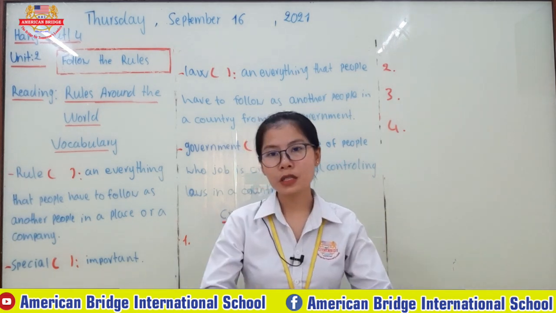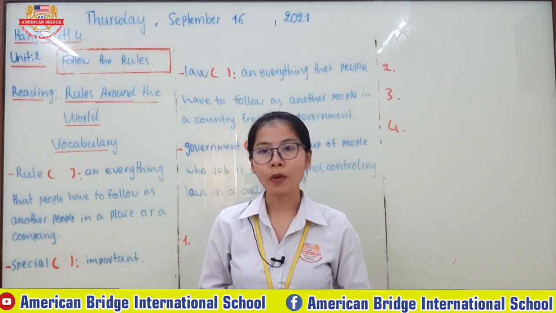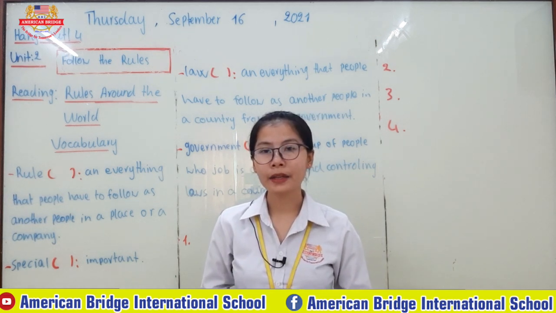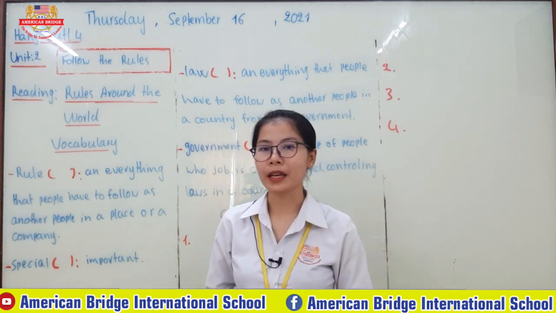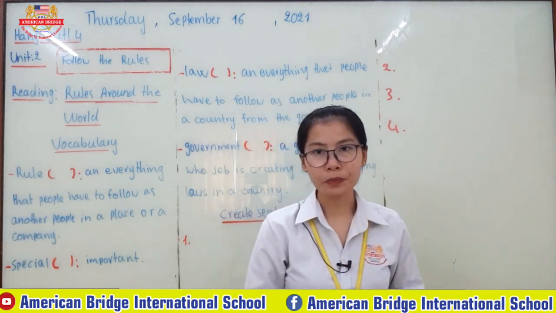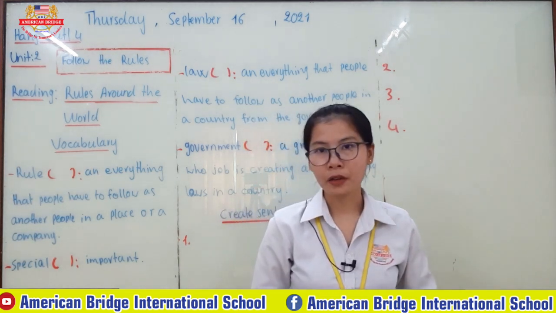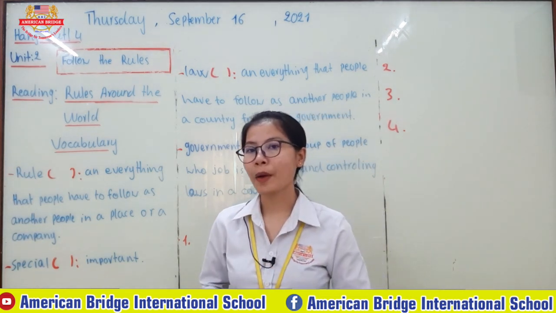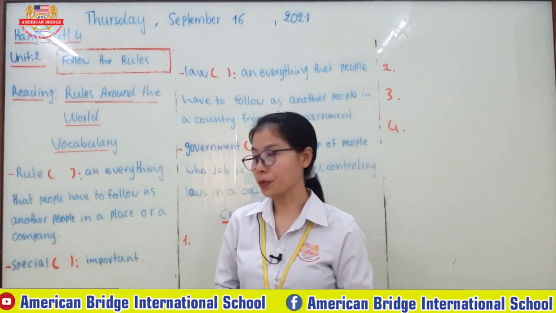Alright, so once you go to school, you also have rules created by whom? By the leader of a school, or we can say a manager of a school. So when you go to a company, or when you go to a hospital, you have to follow the rules in the hospital there. This is what a rule is.